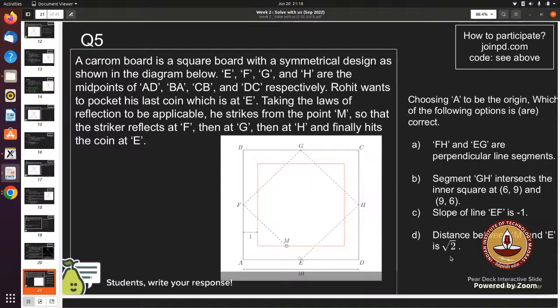What about the second one? What is the equation of GH?